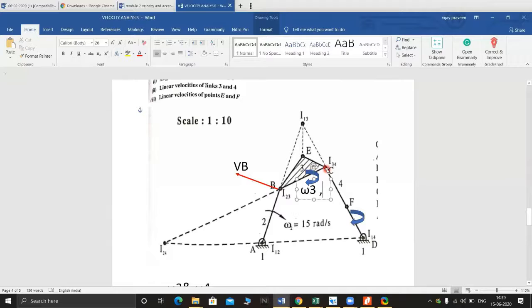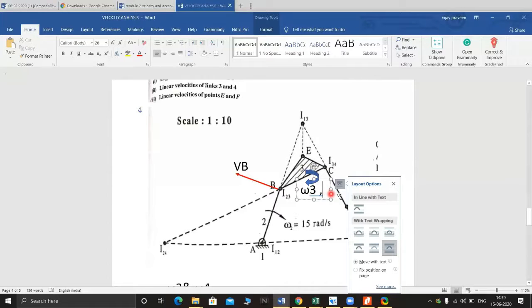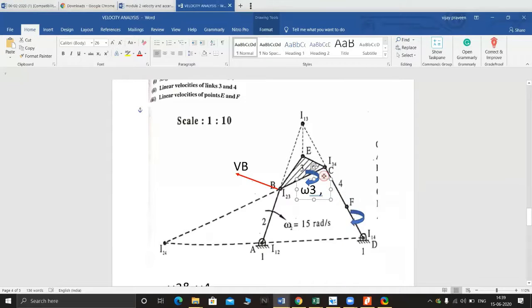Both are the same. This is omega 3 with respect to link 3, and link 3 we can also call BC. That's why it is called omega 3 or omega BC.